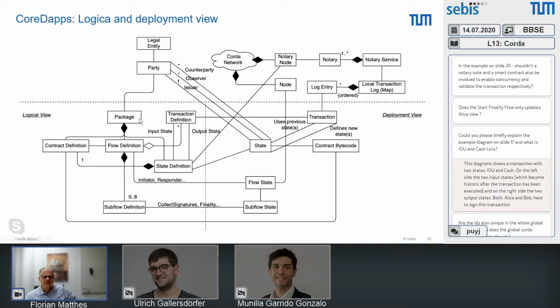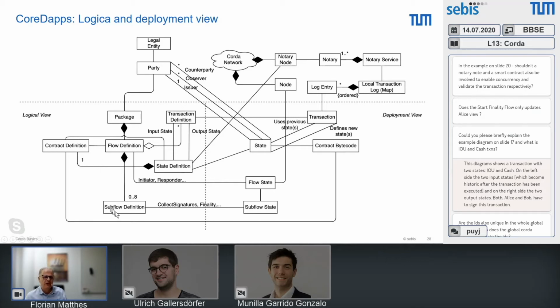This code consists essentially of a set of flow definitions, and these flow definitions can contain subflow definitions. These subflow definitions also have very specific semantics, so you can have either 0 up to 8 subflow definitions for signature collection workflow, finality subflow, etc. They're well-defined subflows for certain purposes, as patterns.